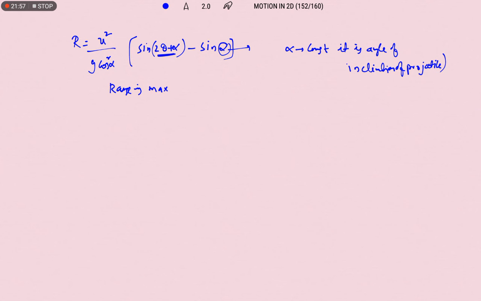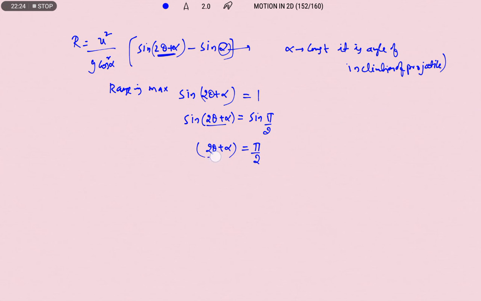So when will it be maximum? Range is maximum when sin of 2 theta plus alpha is equal to 1. If it is 1, this term should be equal to sin pi by 2. Therefore 2 theta plus alpha is equal to pi by 2.